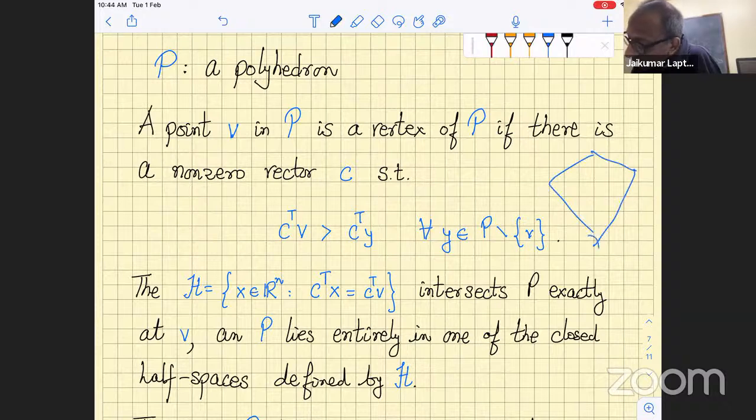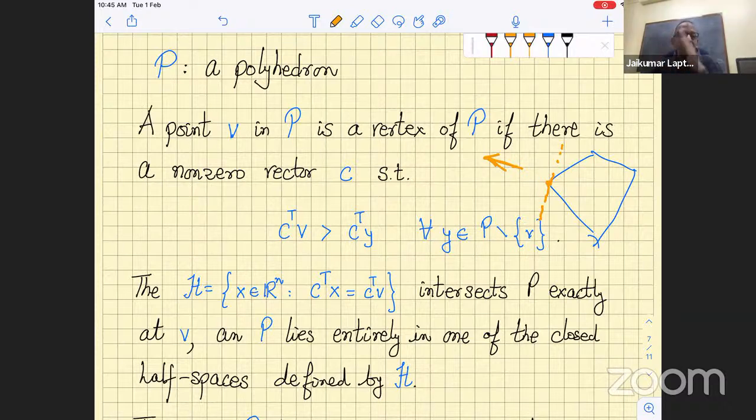Suppose you have an objective function like this, then if you look at the hyperplane perpendicular to this direction, it meets the set at this point, and that is the unique optimum. So by a vertex, we mean a point which is the unique optimum of some objective function.